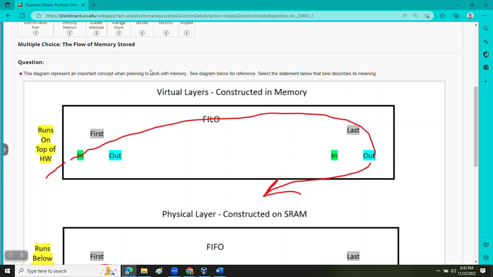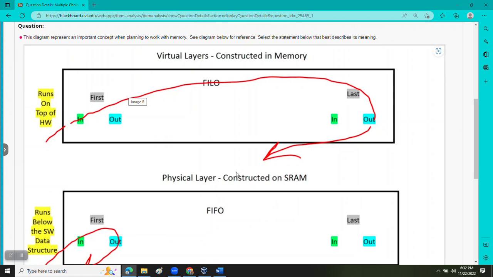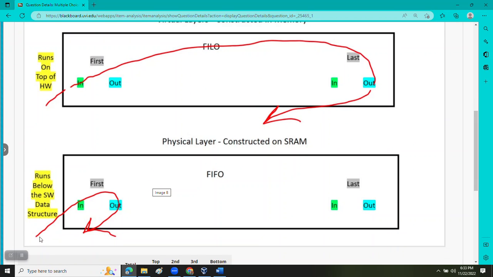The important thing to understand here is that when it comes to the physical layer, when you're dealing with RAM or physical memory modules, especially SRAM, static RAM, there's a first in, first out kind of process that ensues. So if this red arrow represents data, basically it doesn't stay long on that chip. It's first in and first out.